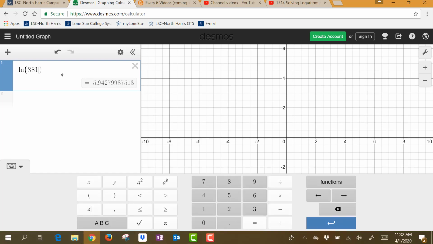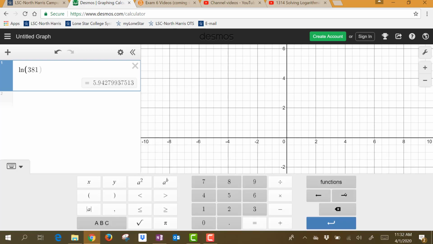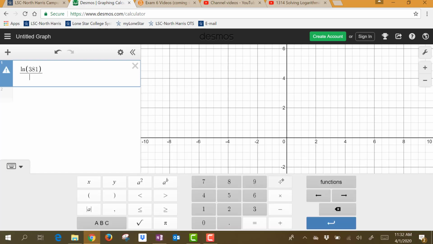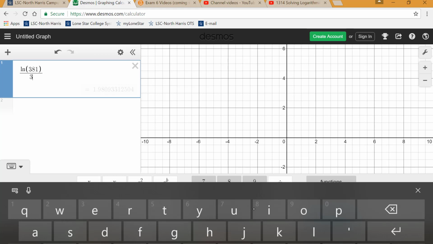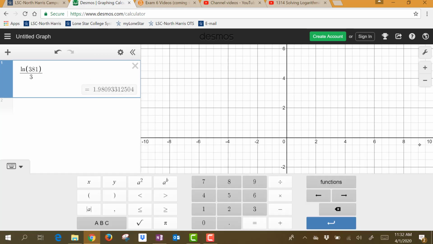Now remember, you want to come outside of the log, so I'm going to hit this arrow here to come outside of the log, and then I'm going to hit divided by. You want to make sure that this 3 that we're about to type in is not inside of the log. So type in 3. We get approximately 1.98. About 1.98 is our approximation.